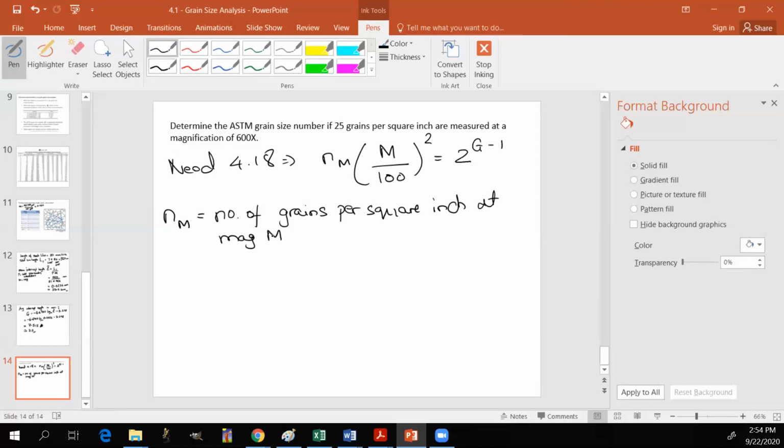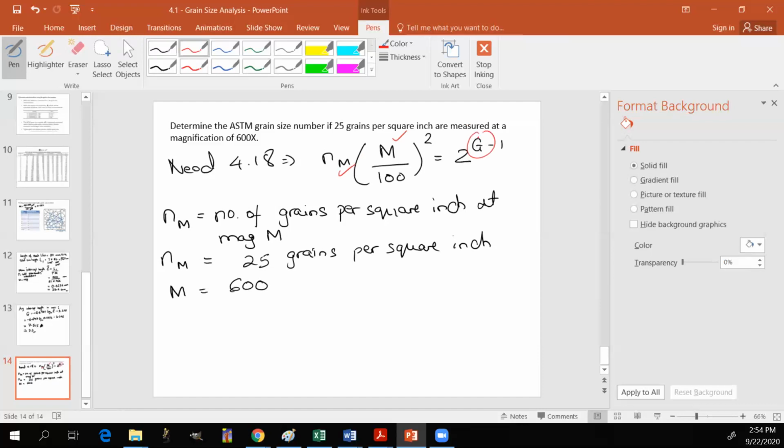So M is just the magnification, and G is the grain size number, right? So in our problem statement, we're told that N_M is equal to 25 grains per square inch, right? All right, and we're told that M is equal to 600, right? So what we have to find out is what G is, right?